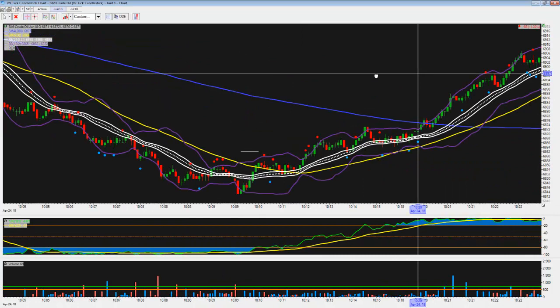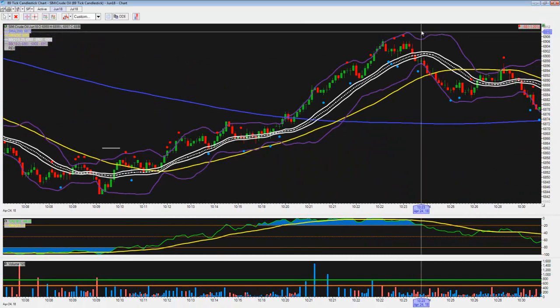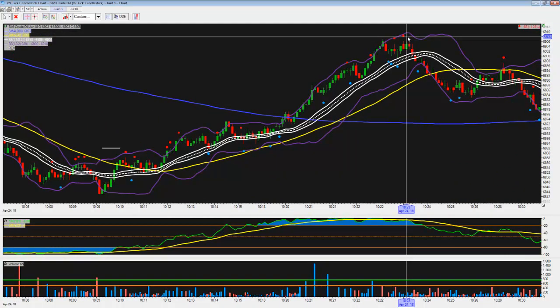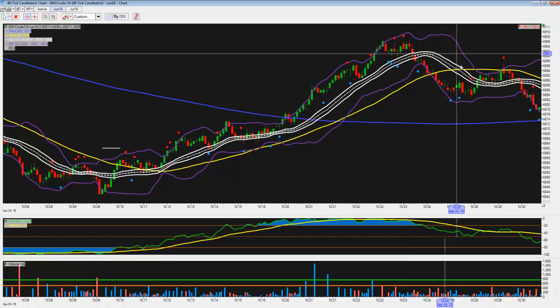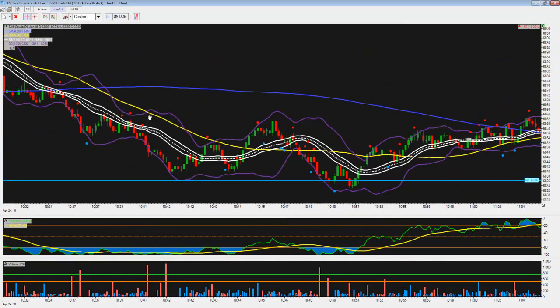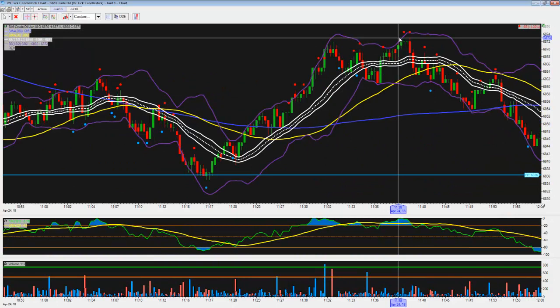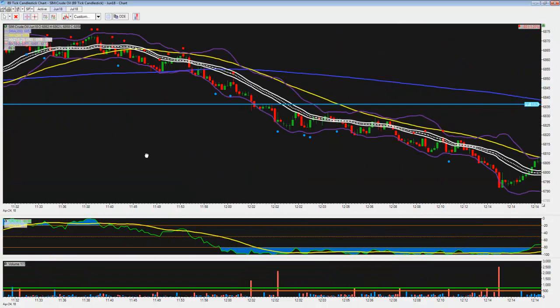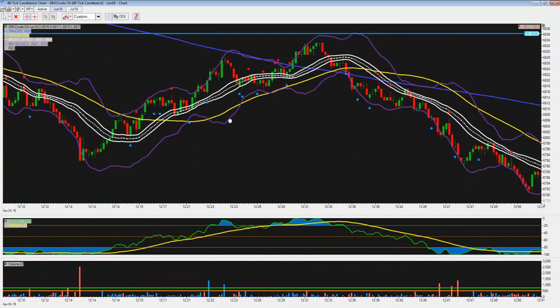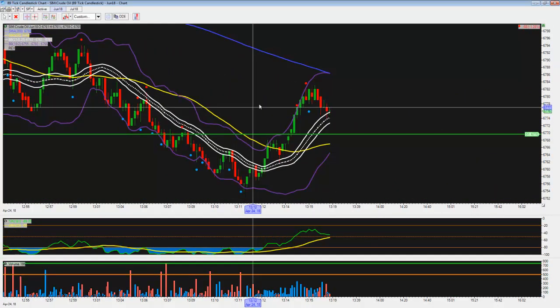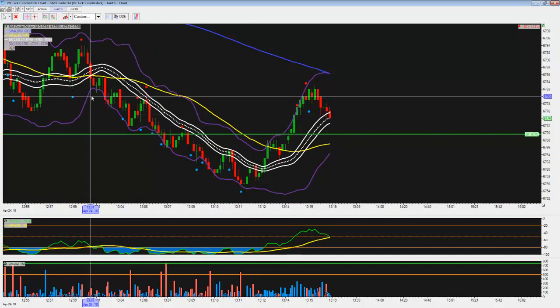This up move is only to 69.08. This up move right here is at 68.73. So it never crested again after that point.